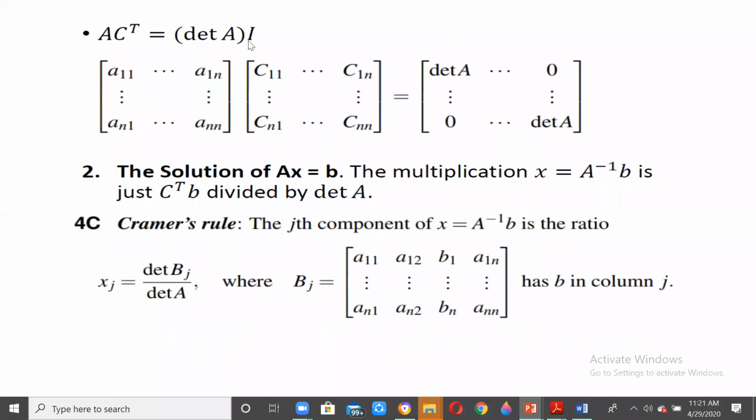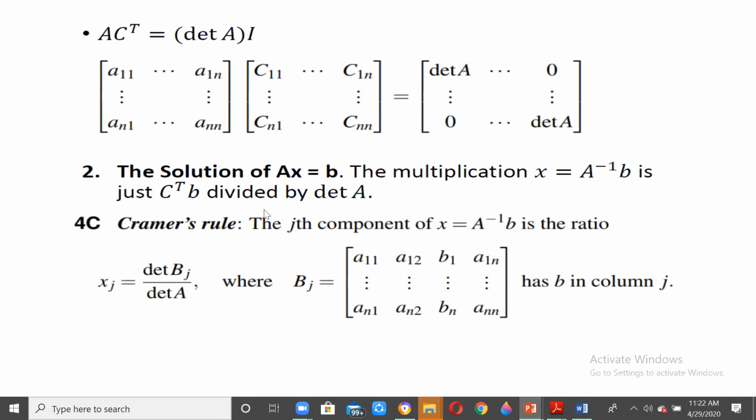A C transpose is equal to determinant of A into I, and if you multiply any determinant with I, it doesn't change the value, you'll get just the determinant. So A, and C transpose we are writing here, and that is equal to the determinant of A at all the places in the matrix.